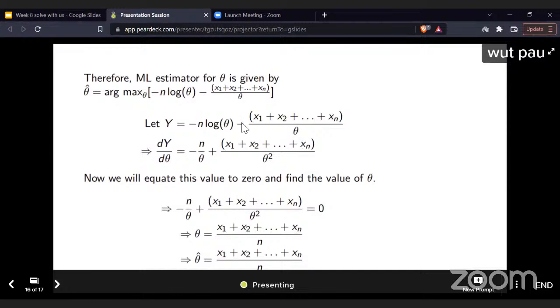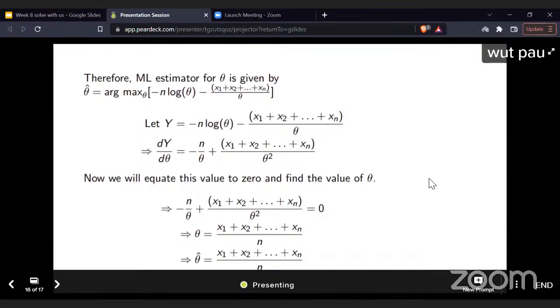So the derivative of the second term becomes sum over xi divided by theta square. After you differentiate with respect to the parameter, you set it to zero and substitute, and you get the maximum likelihood estimate of the parameter theta to be equal to the sample mean.